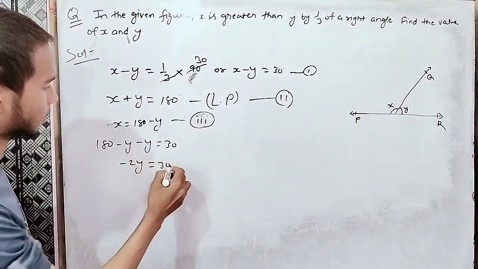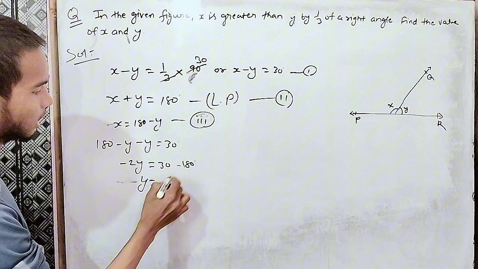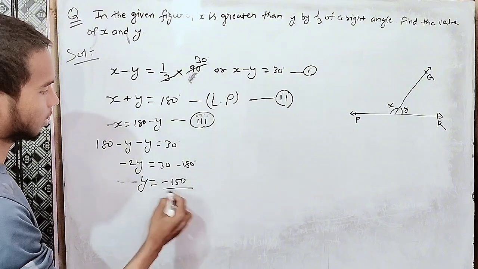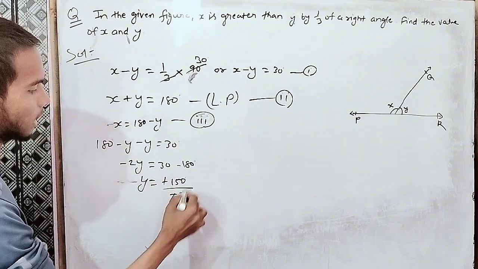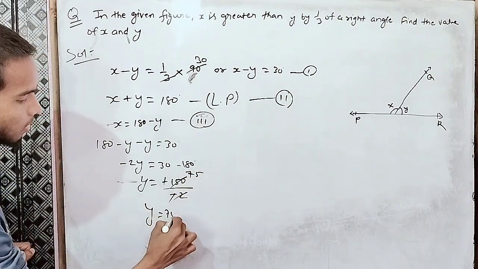Okay, and here 180, 2y only, and here 150, then 100y. Y is 75.